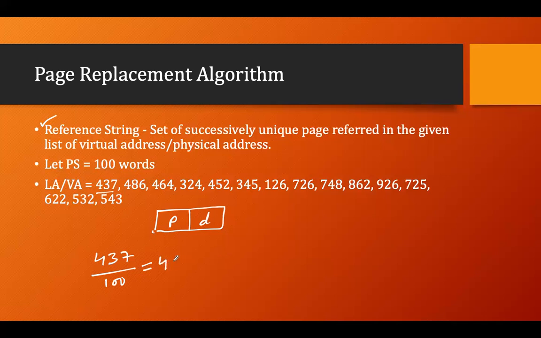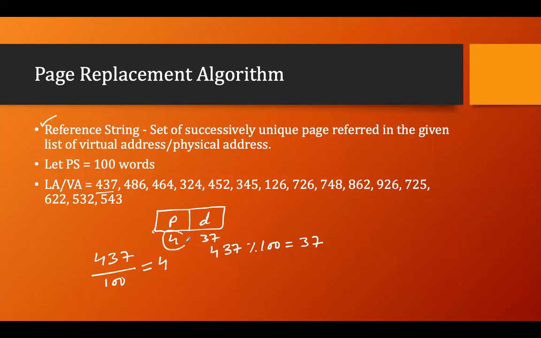It will become 4, so 4 will be my page number. When we do 437 modulus 100, we get 37, which is the value of d. So p is 4 and d is 37.